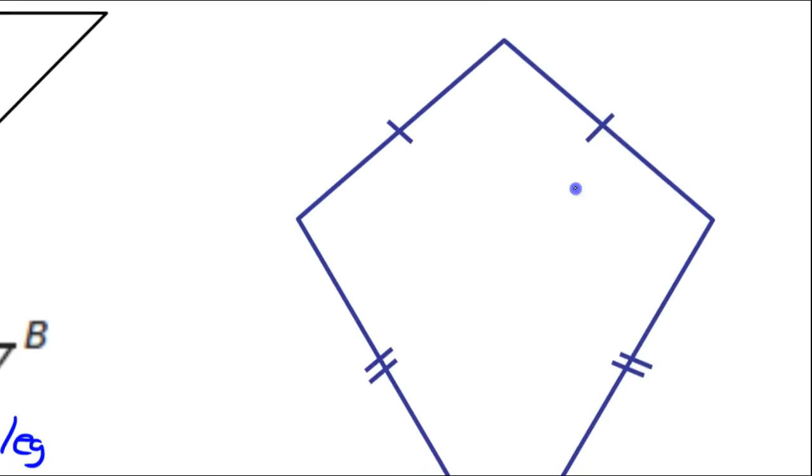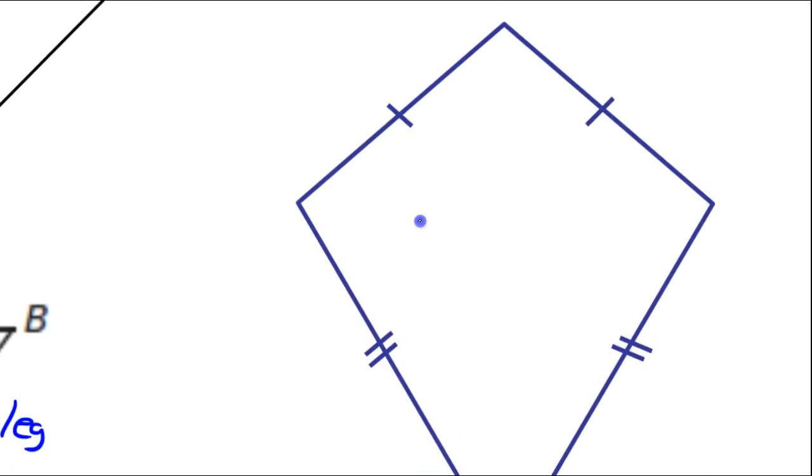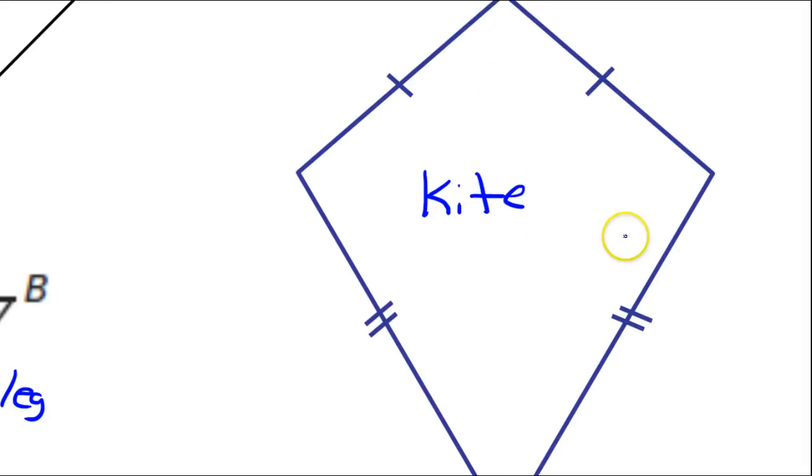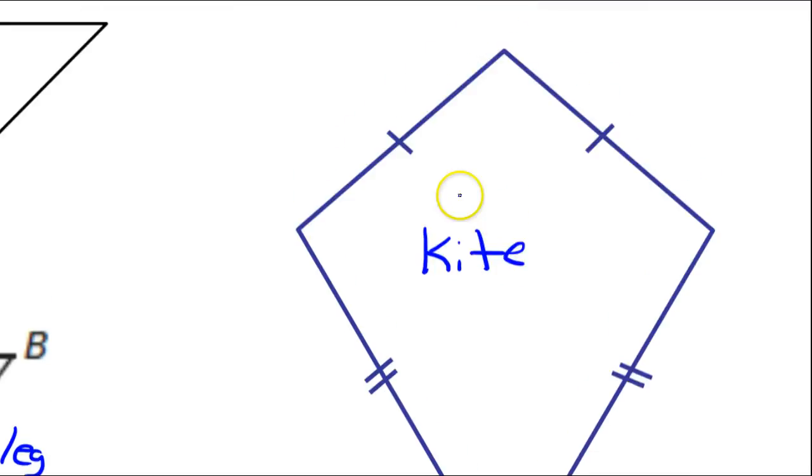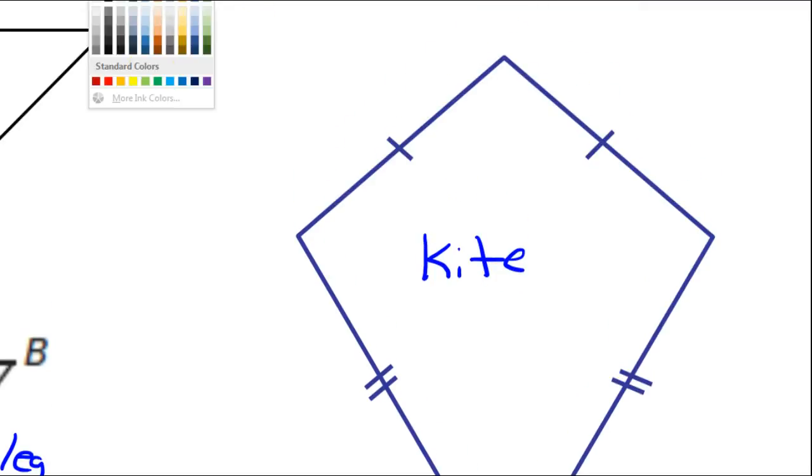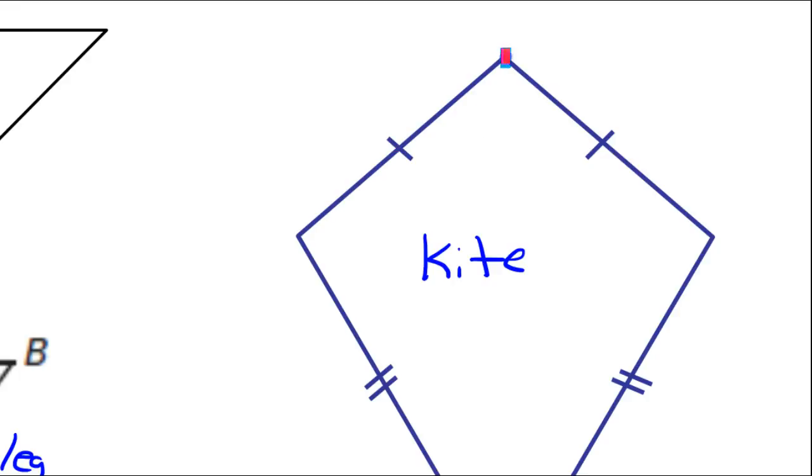So there's one last shape, and this is called a kite. A kite has two pairs of congruent sides, and they are the ones that are touching. We say they are consecutive.